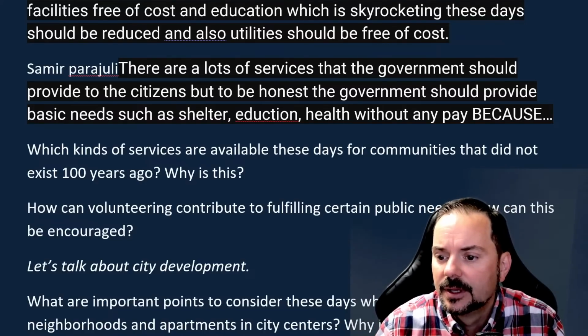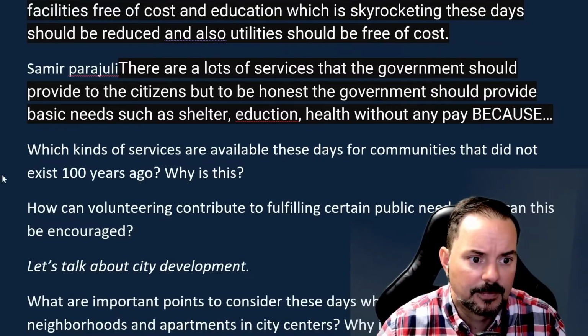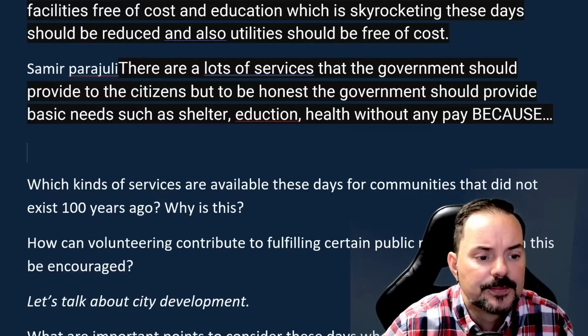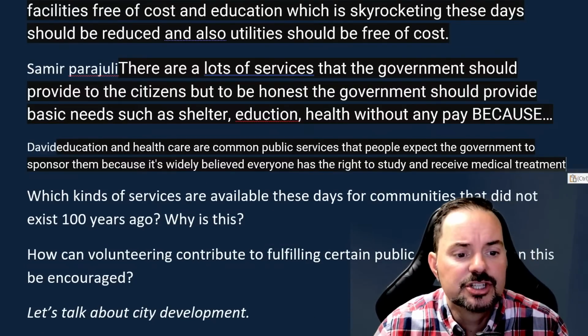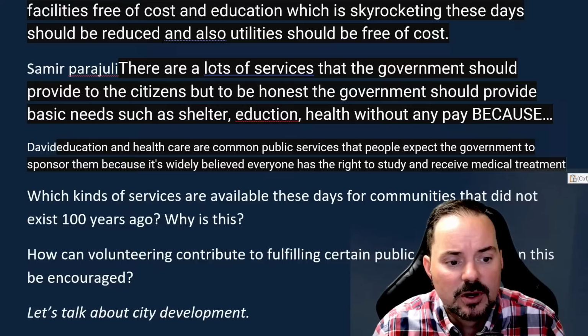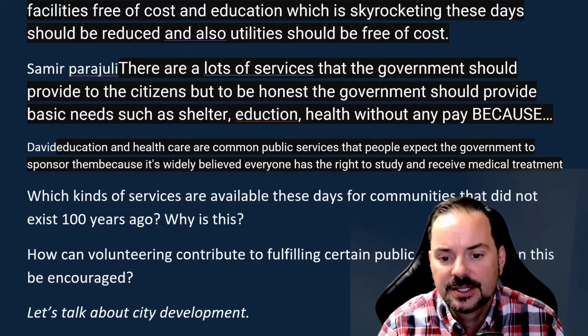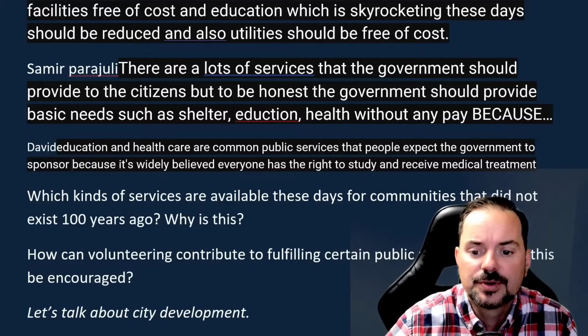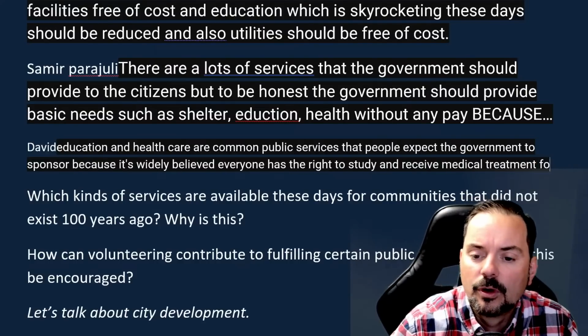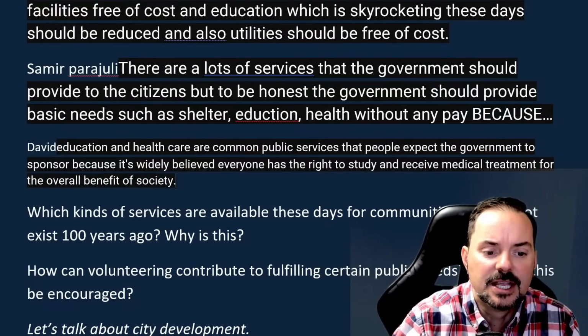All right. David has this answer for us. Education and healthcare are common public services that people expect the government to sponsor because it's widely believed that everyone has a right to study and receive medical treatment for the overall benefit of society.